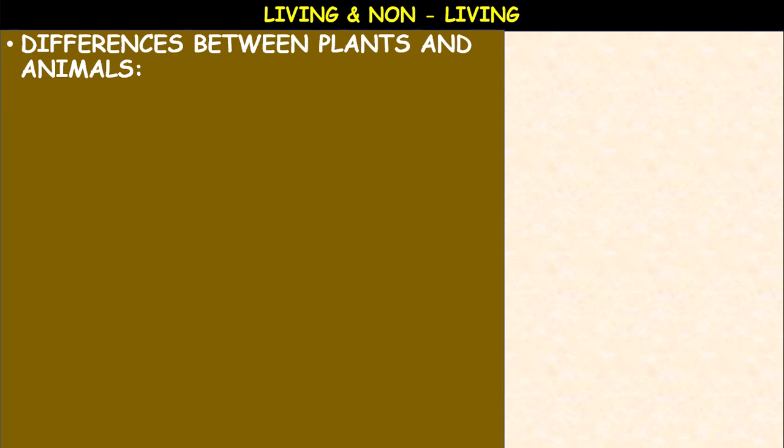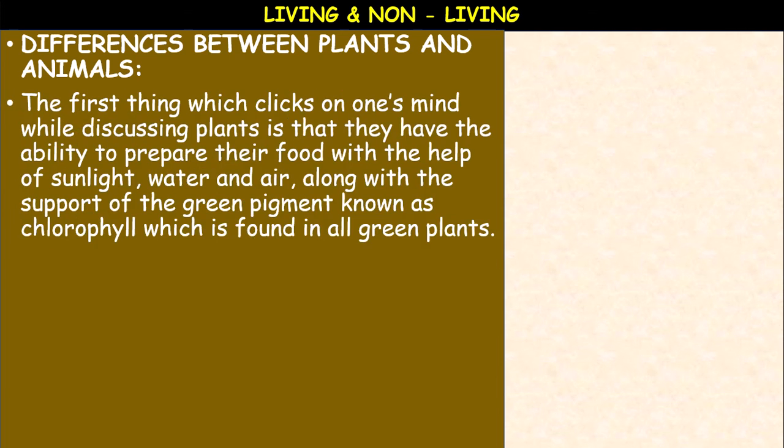Next, the difference between plants and animals. Plants are living organisms, animals are also living organisms. So, what are the basic differences between plants and animals?